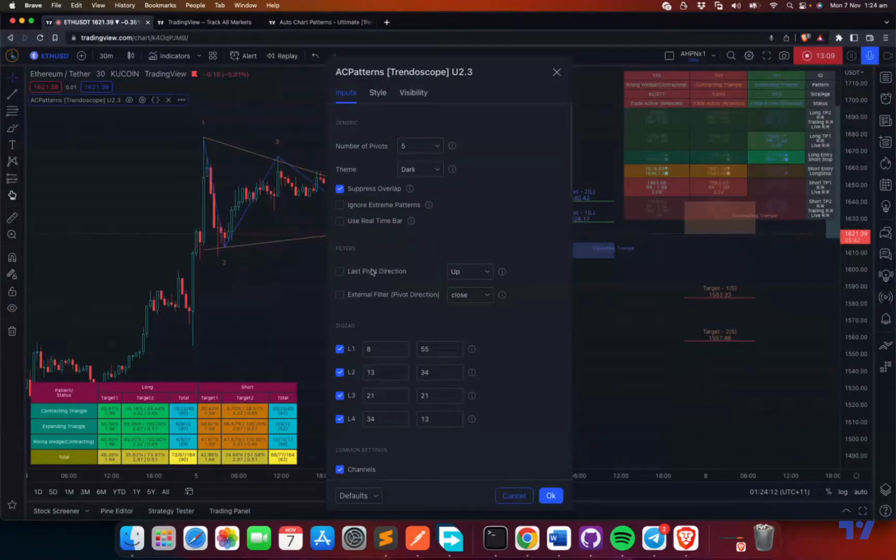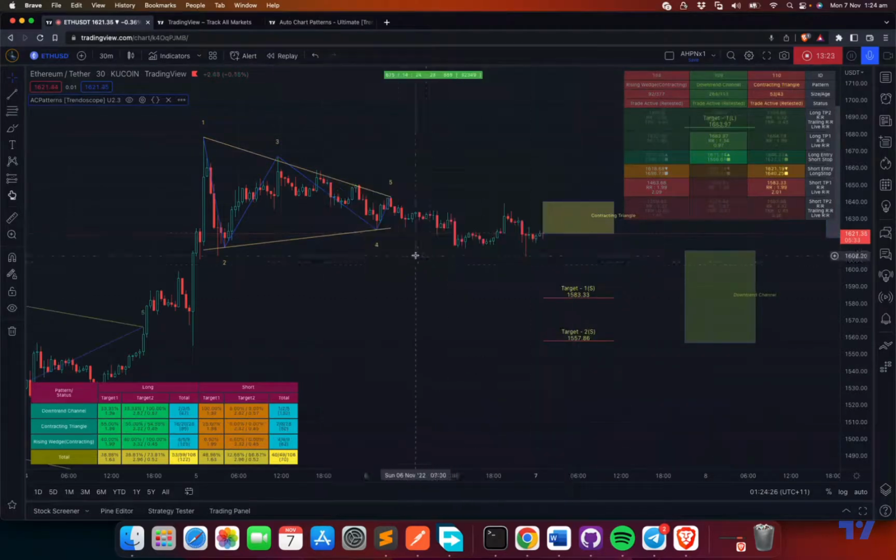Okay, so these filters are just added for experimental purposes. You don't need to use them. If you select this option and select up, it means that it selects only those patterns where the last forward direction is up.